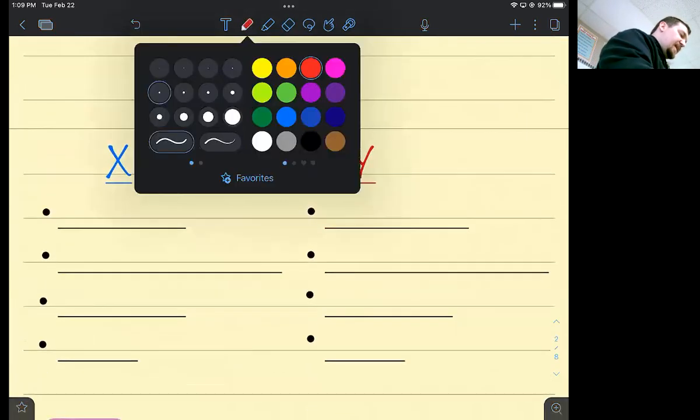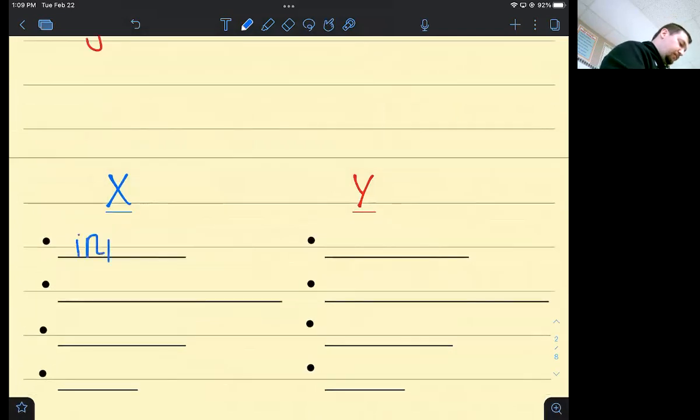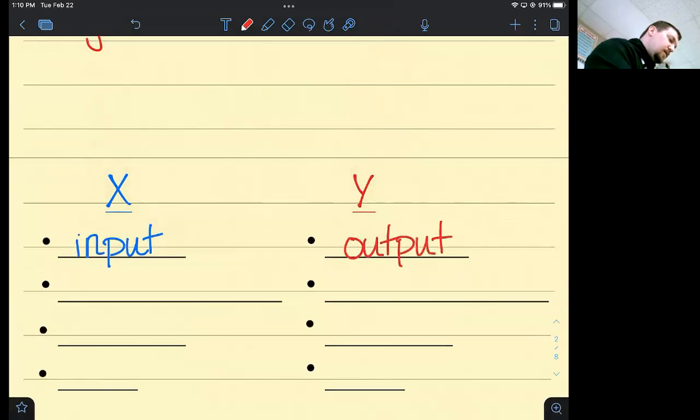So, names for the X variable. We said you can call it the input, whereas the Y variable is the output. We also said the X variable can be called the independent variable. I'm going to abbreviate variable. And then the Y value would be the dependent variable.